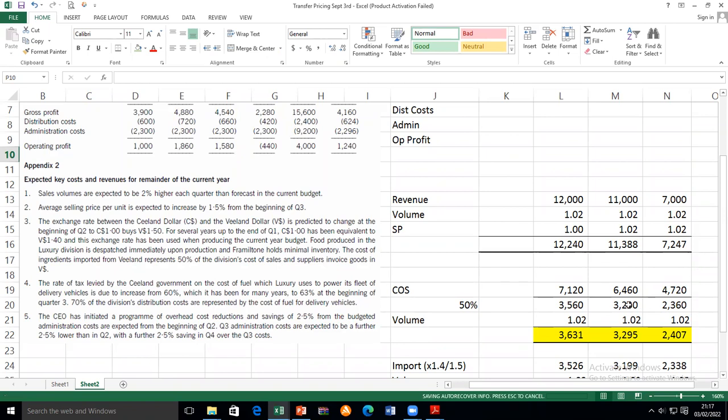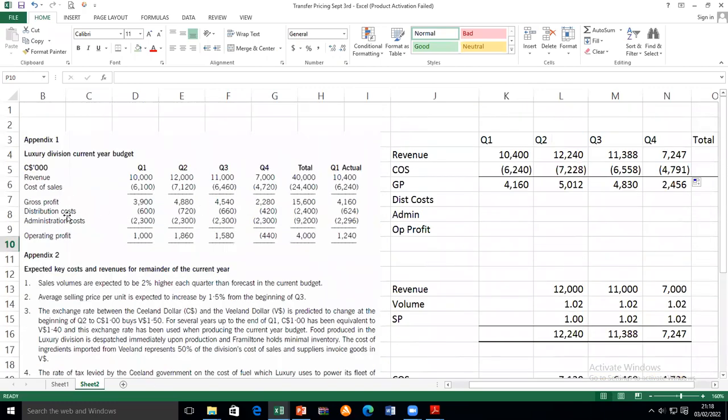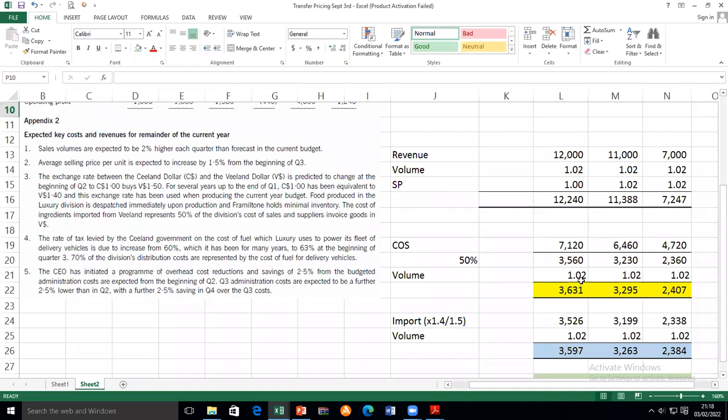This will do exactly what was done earlier on. Here, we use the same approach. We'll take it and split it. There is the 70%, which is fuel. That's the one which is affected by the levy. The 30% is not. But the distribution cost is going to increase because of the volume.